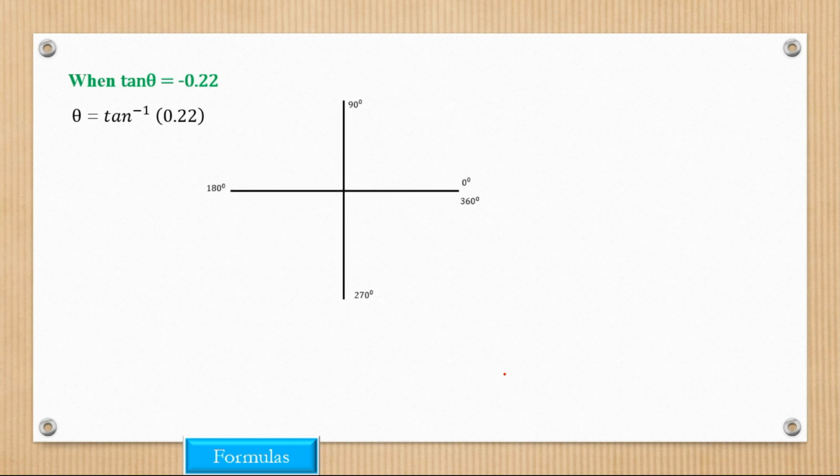How about for when tan θ is -0.22? Now this is the negative region of tan. First of all, we get the tan inverse of 0.22, which is 12.4 degrees, but now I have to place it in regions where tan is negative. Tan is negative in the second quadrant and in the fourth quadrant. So I will have 12.4 here and 12.4 there. Let's do some rotations.